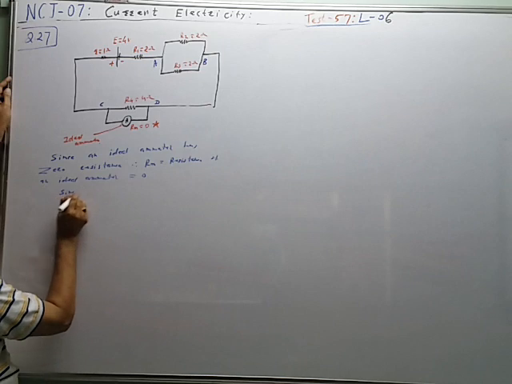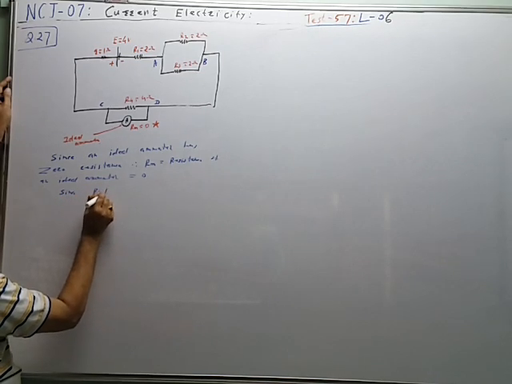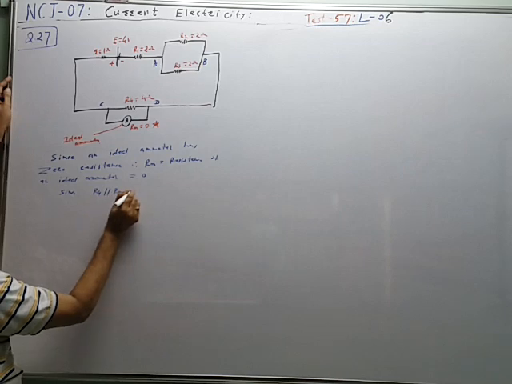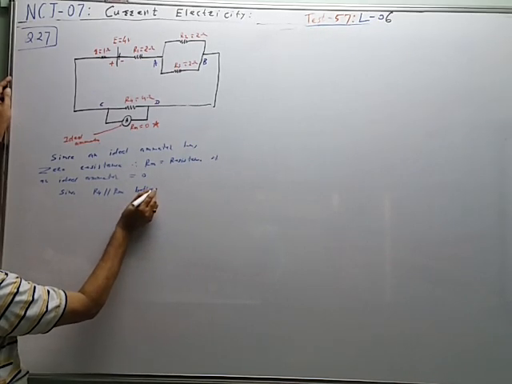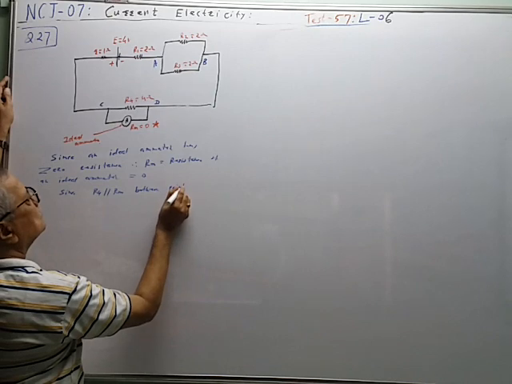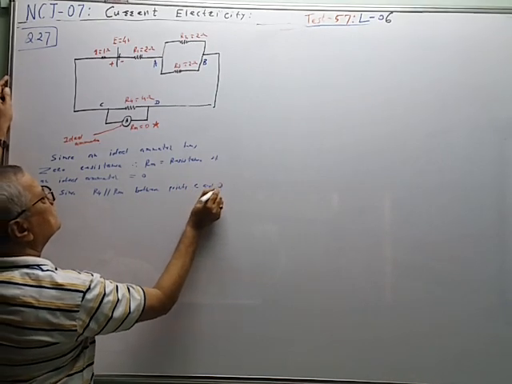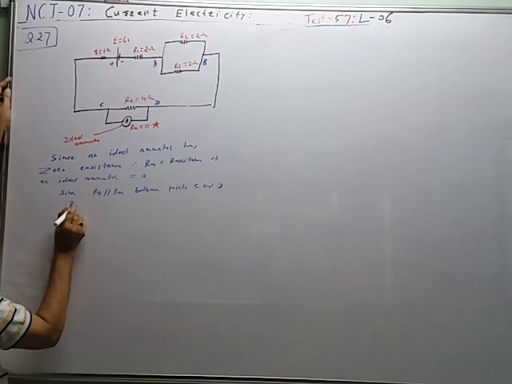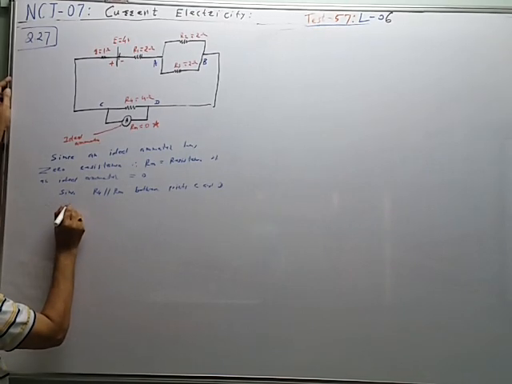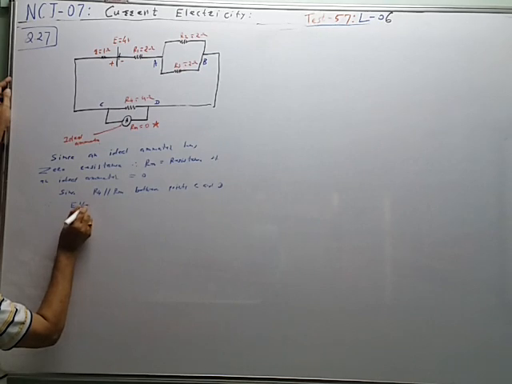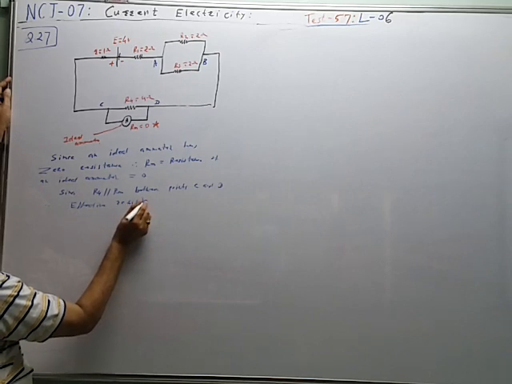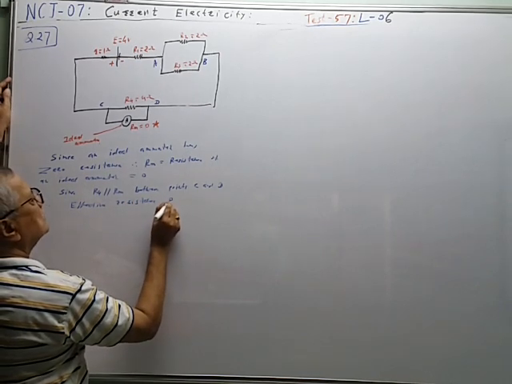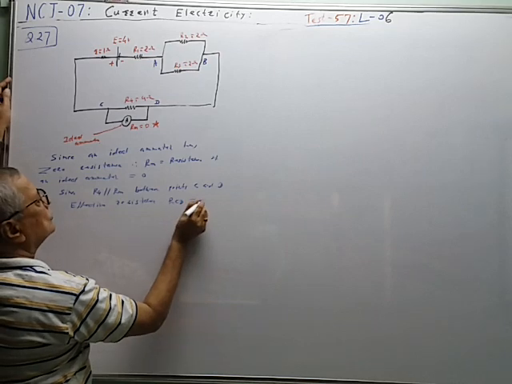Since R4 is parallel to Rm between points C and D, therefore the effective resistance RCD is equal to 0 ohm.